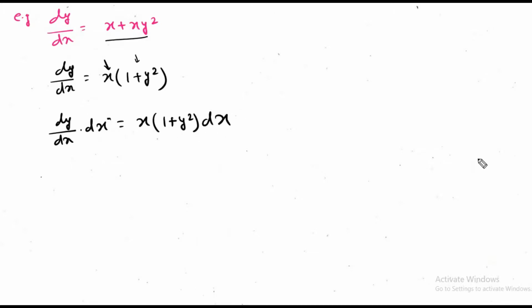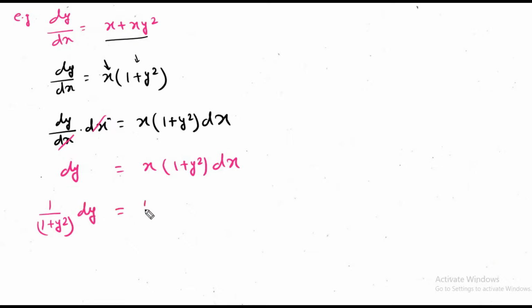Here dx and dx cancel out, so finally dy is equal to x into 1 plus y square into dx. Now if we multiply by 1 by 1 plus y square on both sides, we get 1 by 1 plus y square dy is equal to 1 by 1 plus y square into x into 1 plus y square dx.